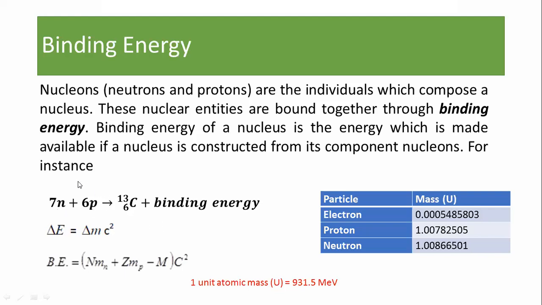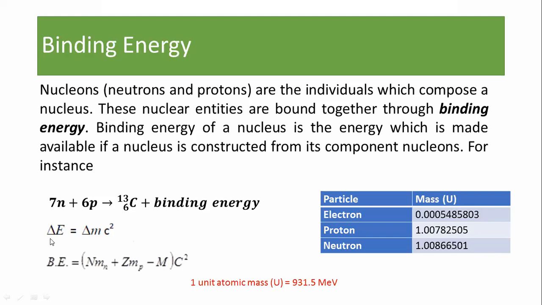So our concern is that this nuclide has less mass as compared to the sum of the masses of the protons and the neutrons, and the difference is converted into energy that is called the binding energy. These values are given over here. The mass of the proton is this, the mass of the neutron is this, in unified mass units. And this is the equation we used in the previous class.